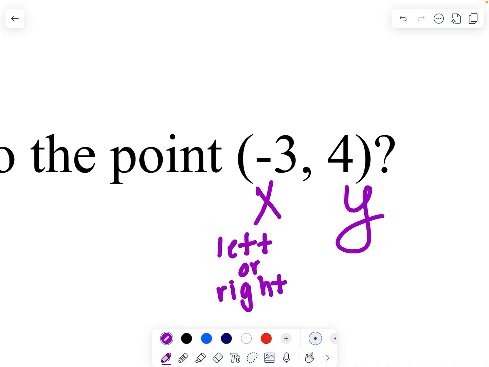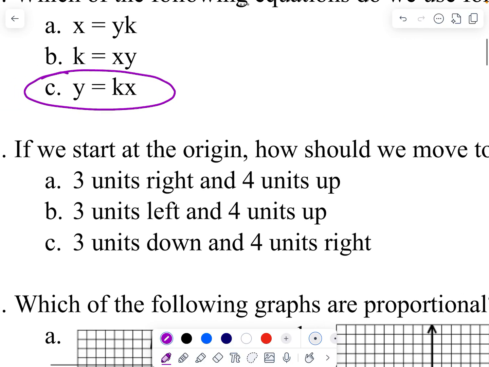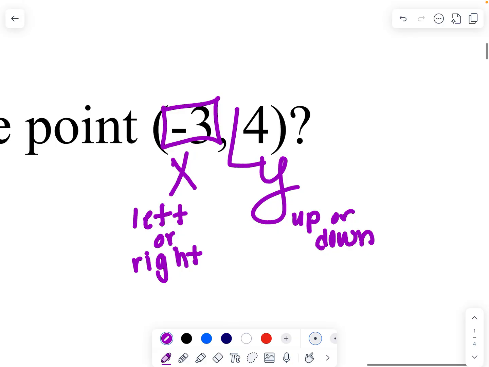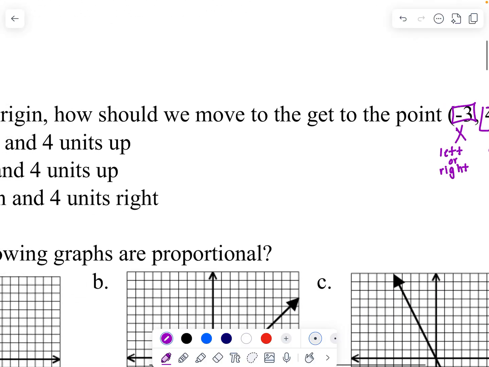And your y value, which matches up to the y-axis, tells you whether you're going to go up or down. So if our x is a negative number, we're going to go 3 to the left. So that would already leave me with choice B. But just to confirm, 4 is positive, so my y would be up. So positive is up, negative is down, and then for x's, the negative is left and positive is right. So that is choice B.